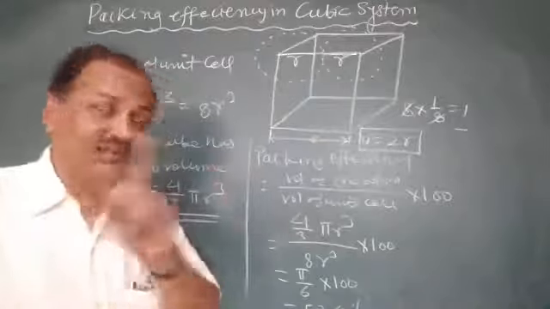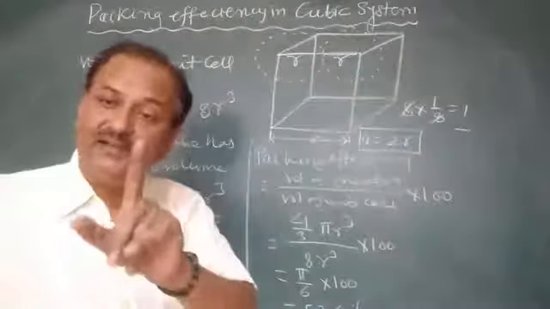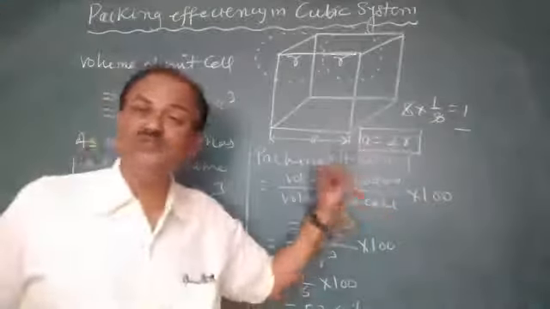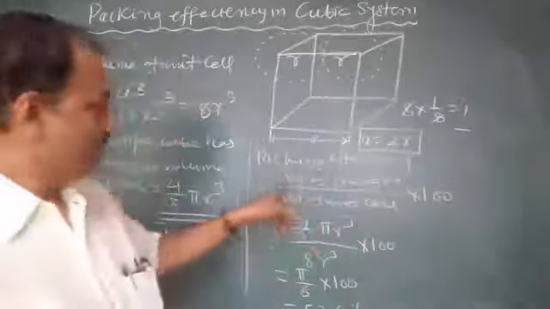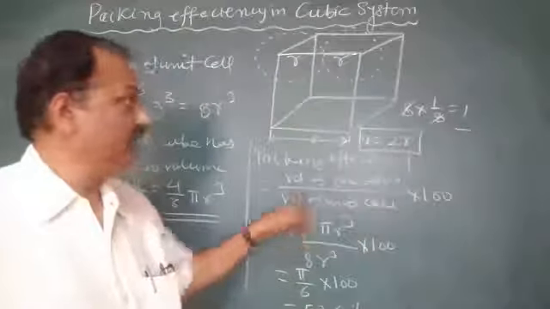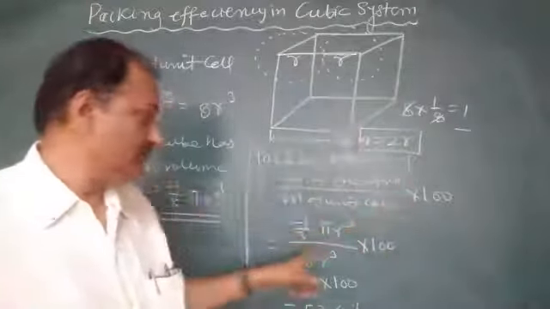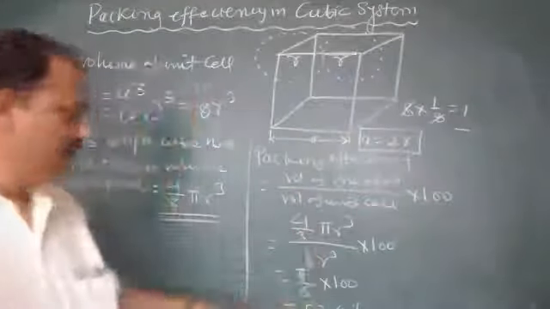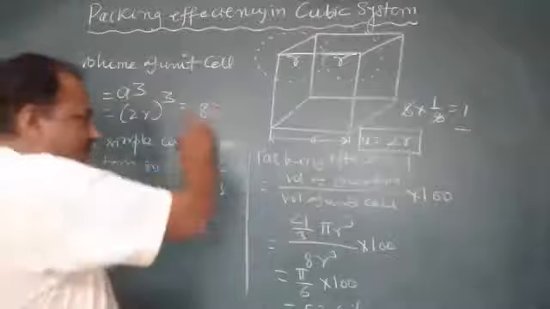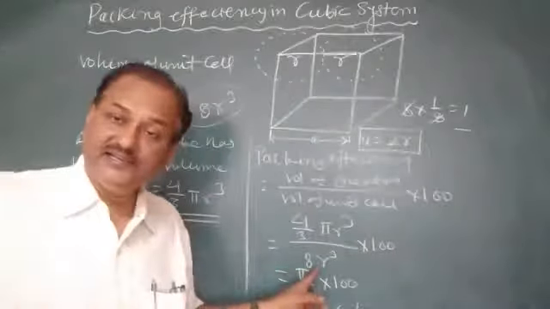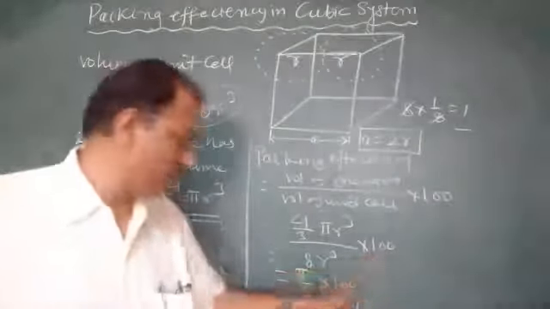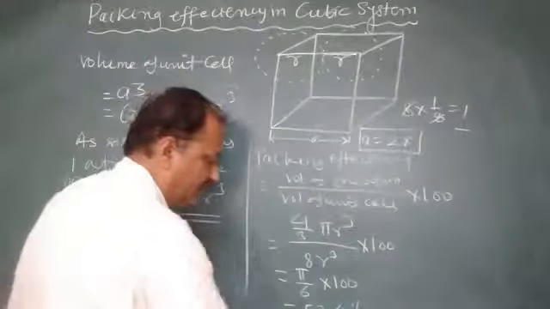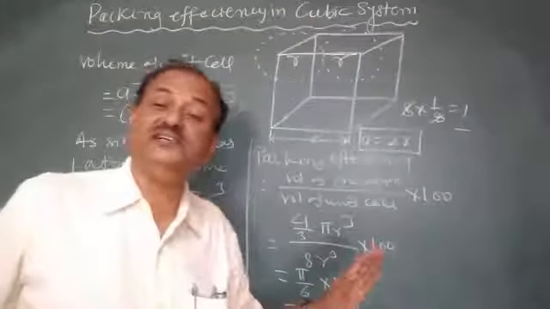In this cube there is only one particle, so it is 4 by 3 pi r cube. So packing efficiency, as we have seen previously, is the volume of one atom upon the volume of the unit cell into 100. So the volume of one atom is 4 by 3 pi r cube, upon the volume of the unit cell, 8r cube, into 100. So pi upon 6 into 100. So it comes out to be 52.4%. So children, this is the condition.